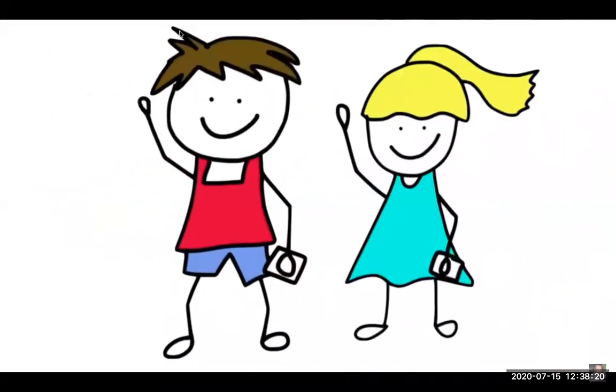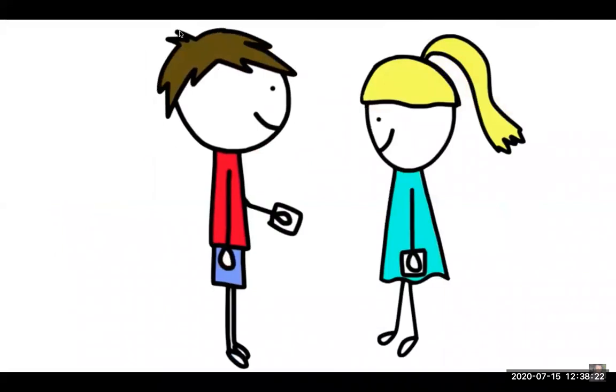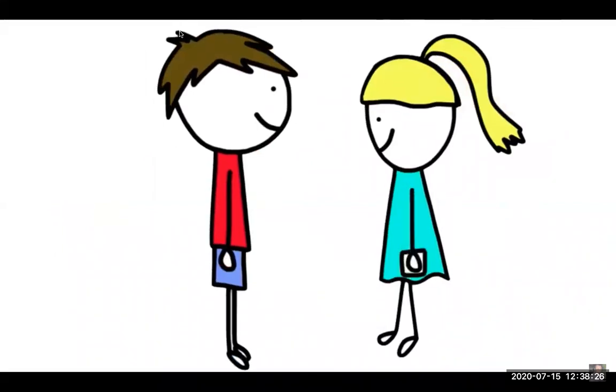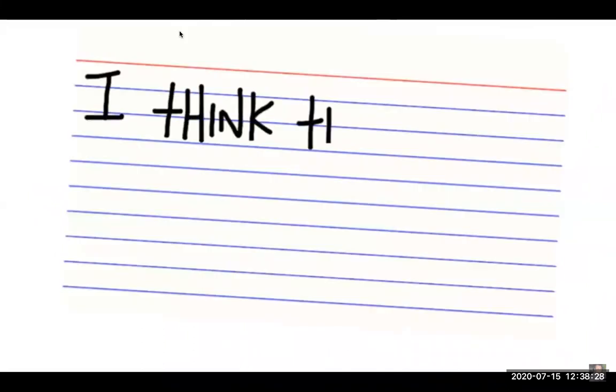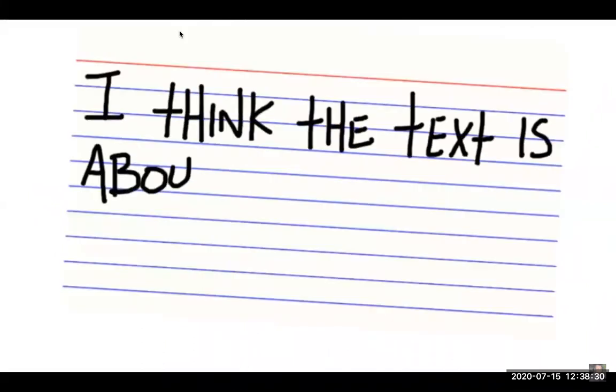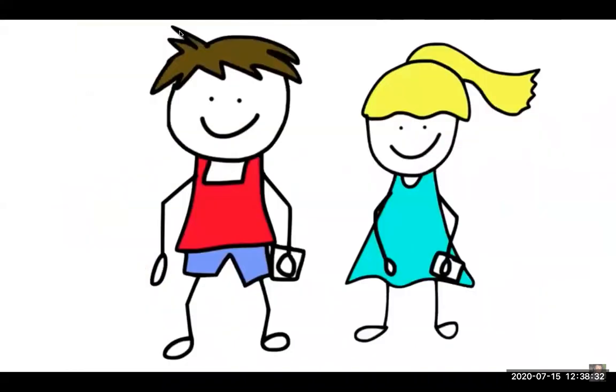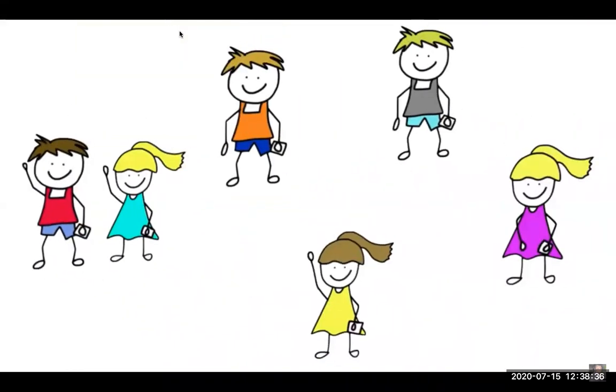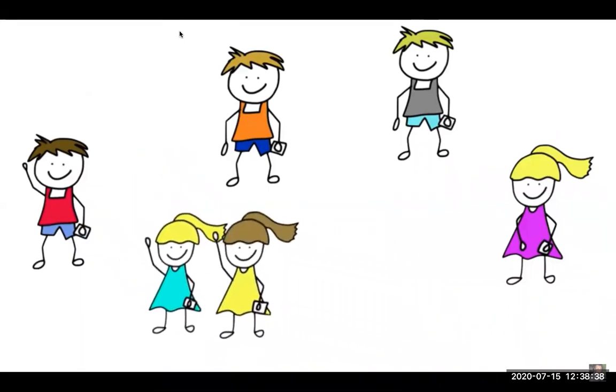Once paired up, share the information on your cards. With this new information, try and predict what the text could be about. Write down your prediction and then put your hand up. Look around the room for someone else with their hand up. Pair up with that student.